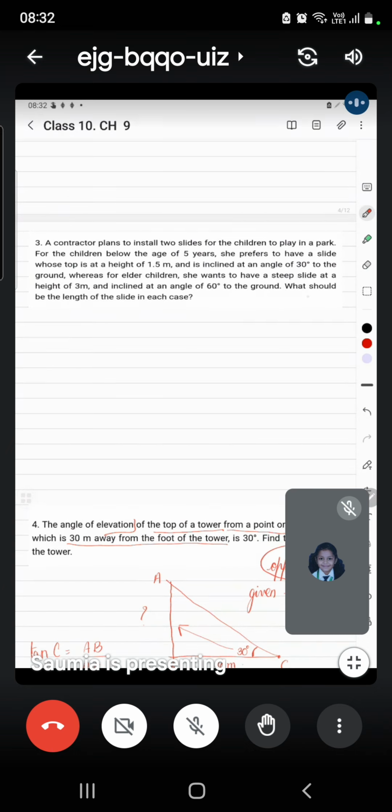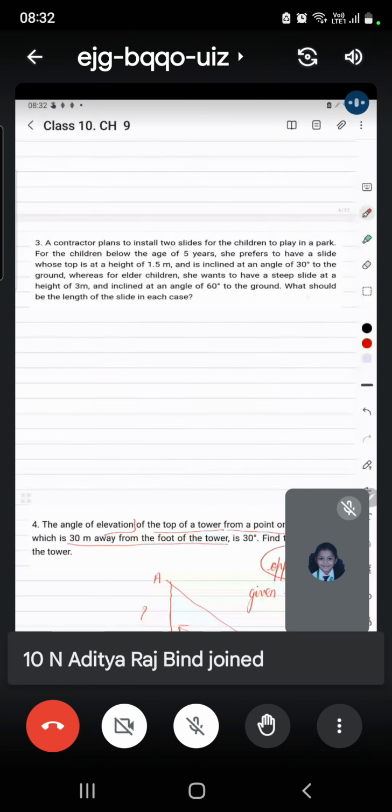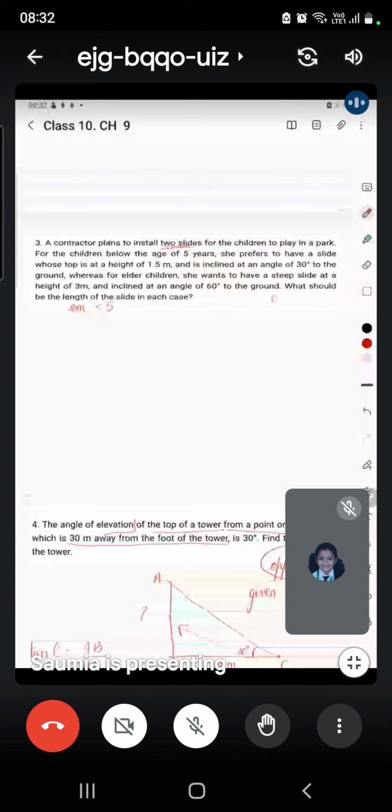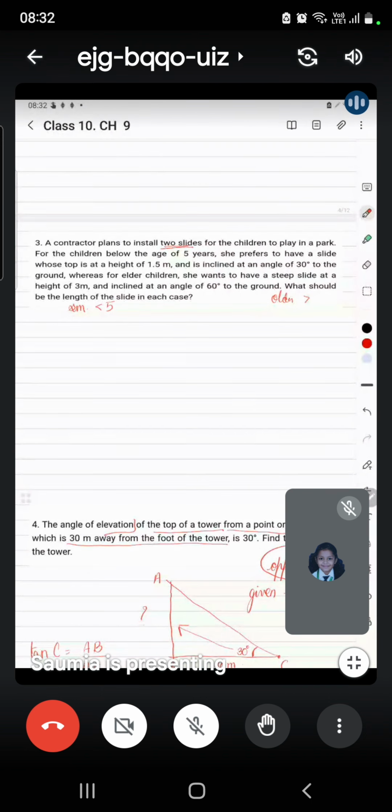Now let's try and understand this. There are 2 cases, right? 2 slides are being discussed. One is for smaller children, that means less than 5, and the other for slightly older children, that means more than 5. Okay, now let's talk about the smaller slide.